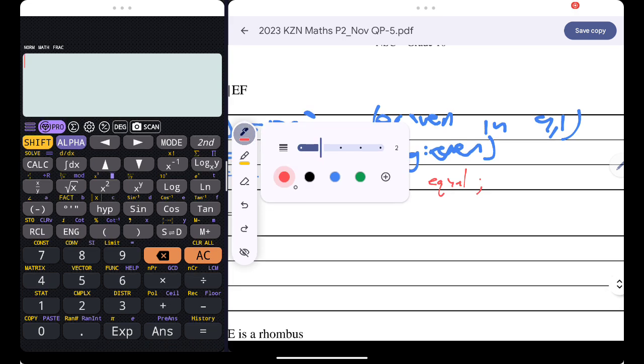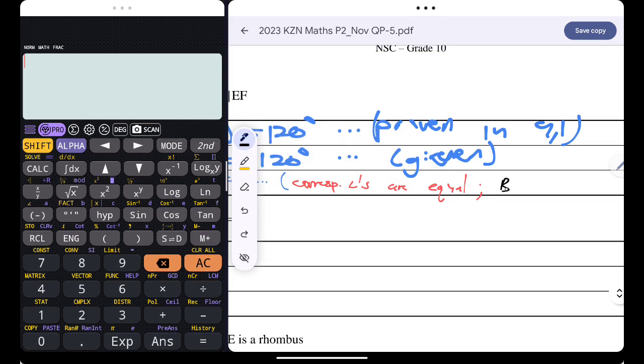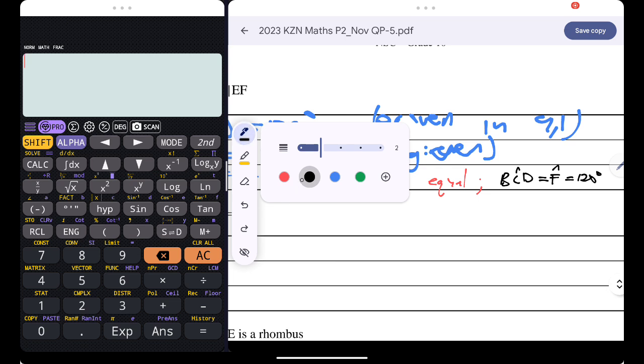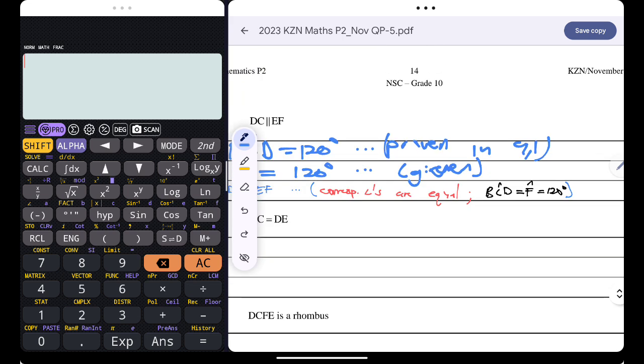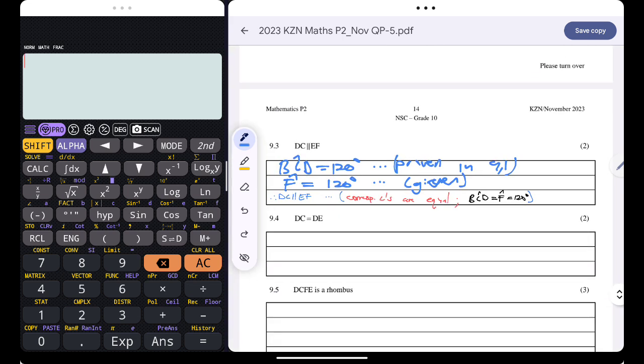And those corresponding angles are angle BCD being equal to angle F, and both of them are 120 degrees. That's how you show that two lines are parallel.